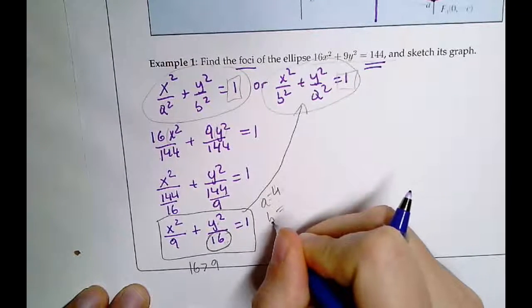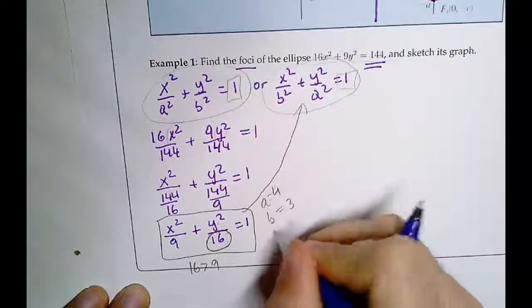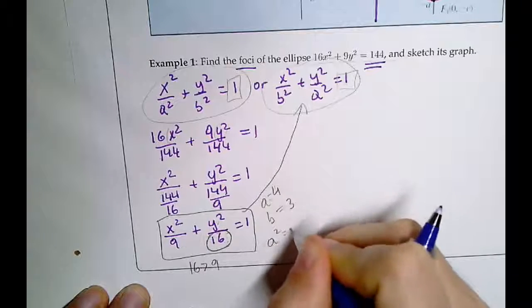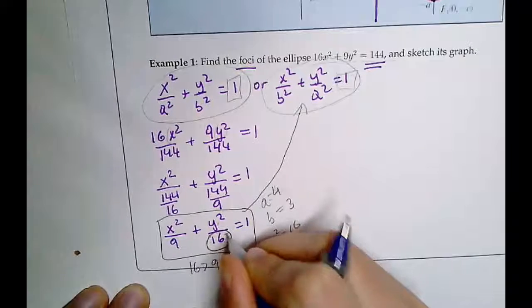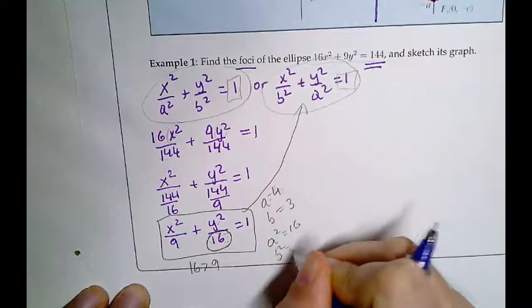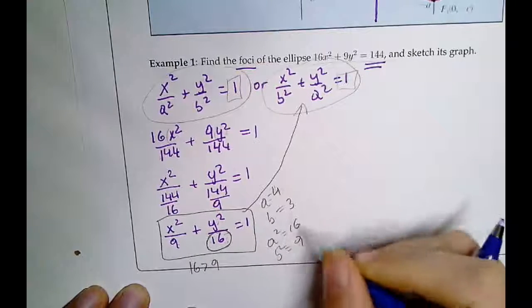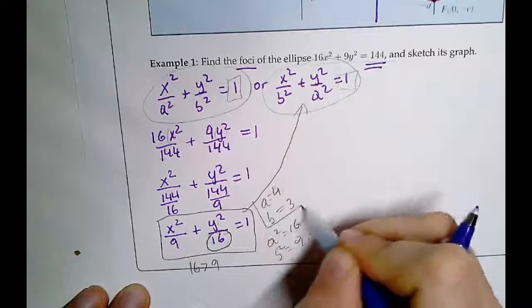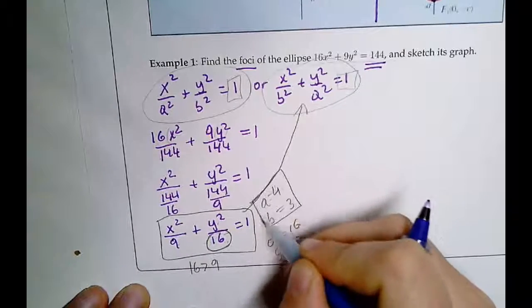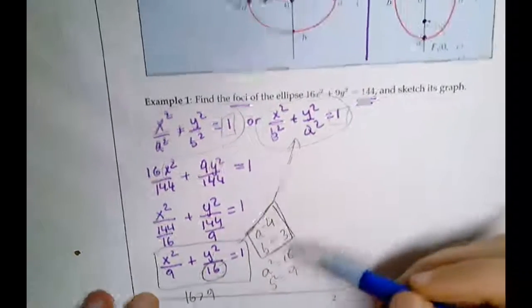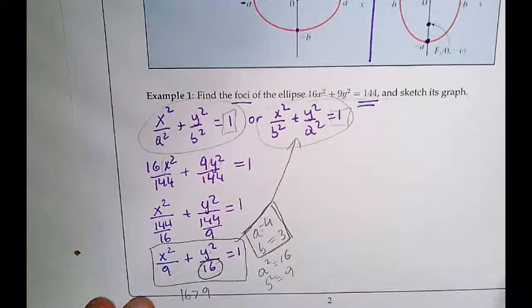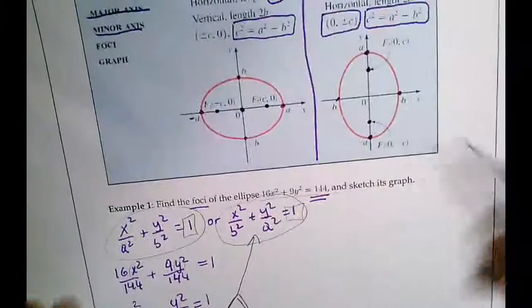And b is 3, because a squared is 16, right, in here, and b squared is 9. And since I'm working with positive numbers, I need to have that a equals 4 and b equals 3. And I'm going to have an ellipse with the foci on the y-axis.